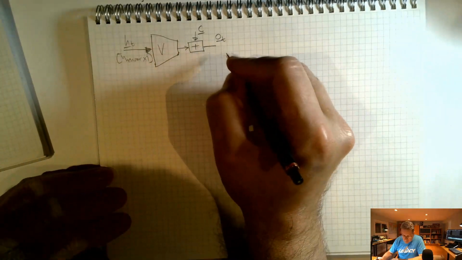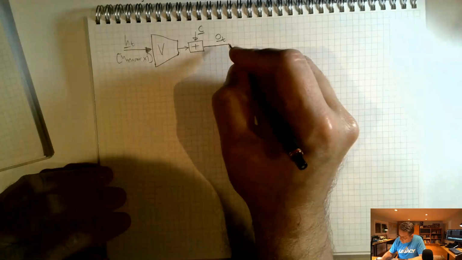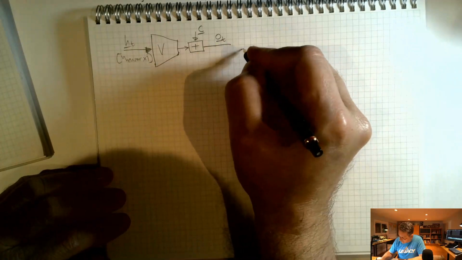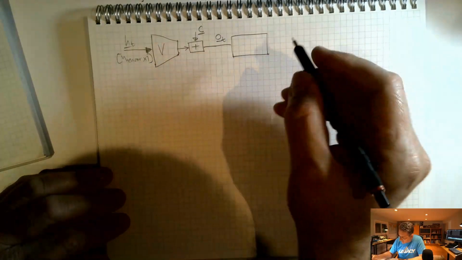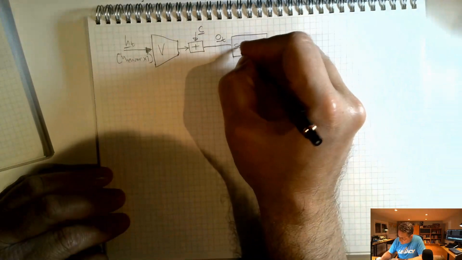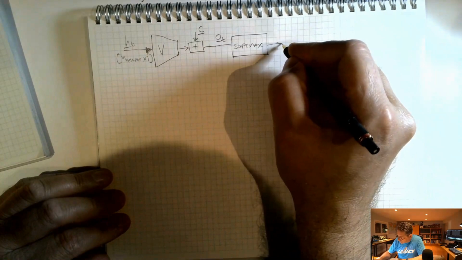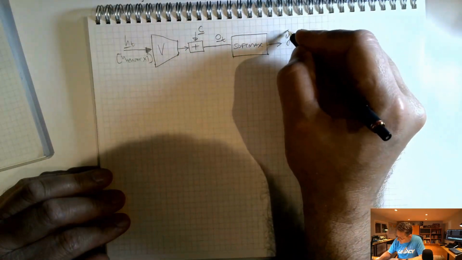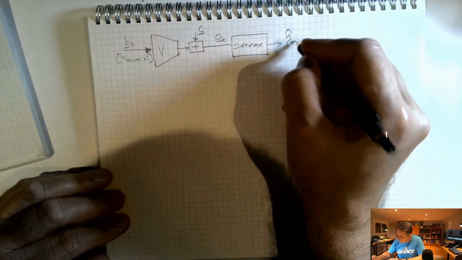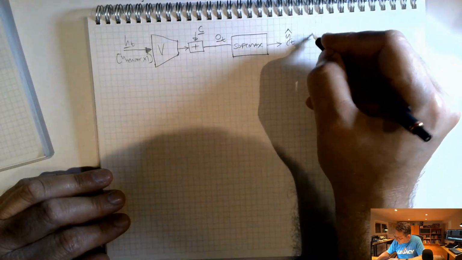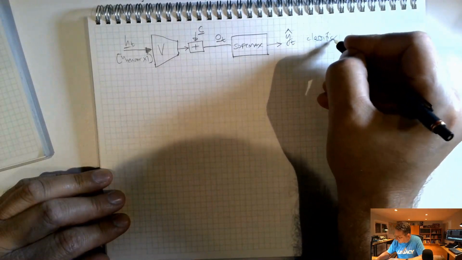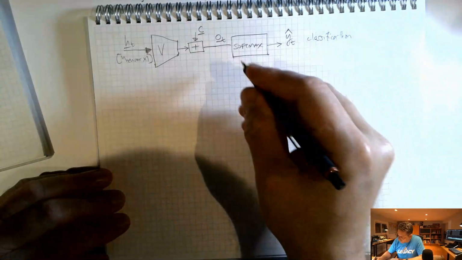Okay, and this is going to lead us to implement a variety of tasks. Depending on the task, we may have a softmax, as we have seen in another video, which is for multi-class classification problems. Let me write down classification.